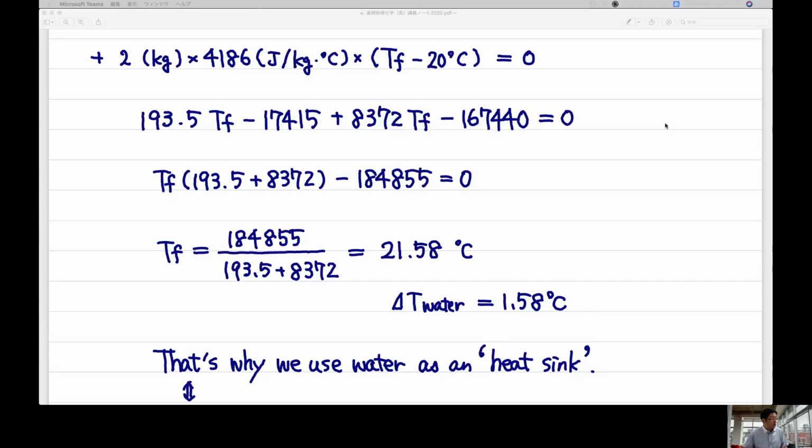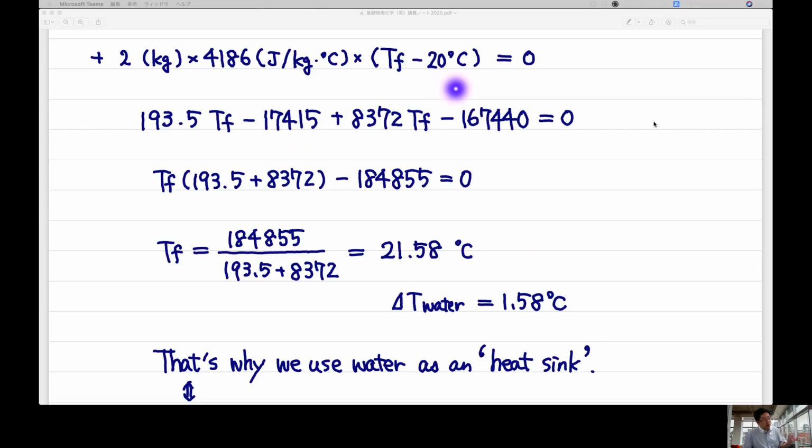Then you can calculate the final temperature equal to 21.58 degrees C. This is the answer. An important thing is the initial temperature of water is just 20 degrees C.